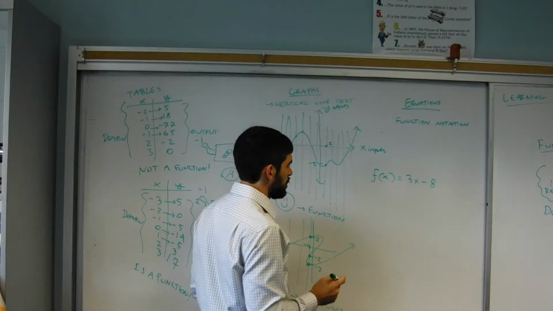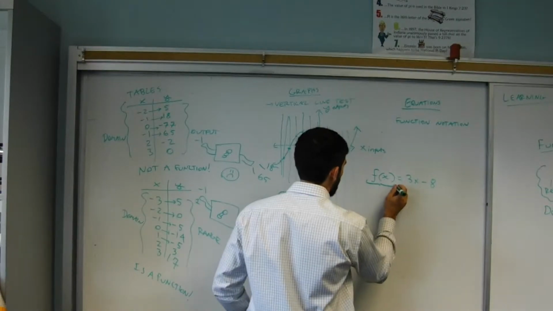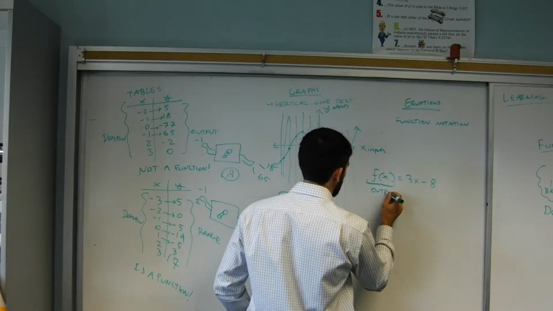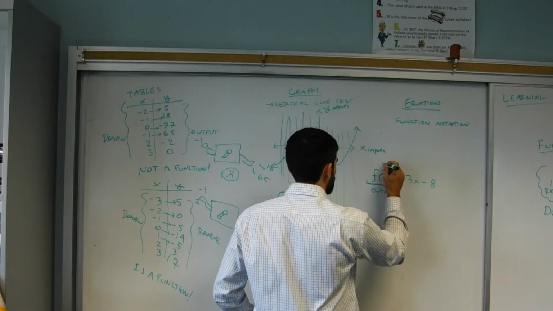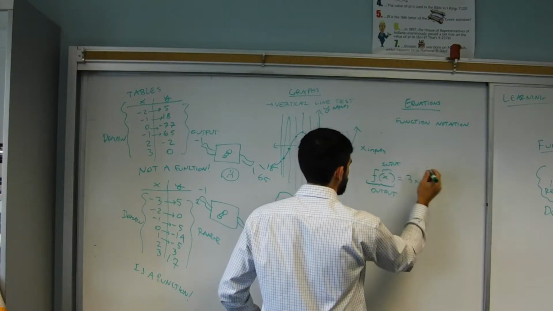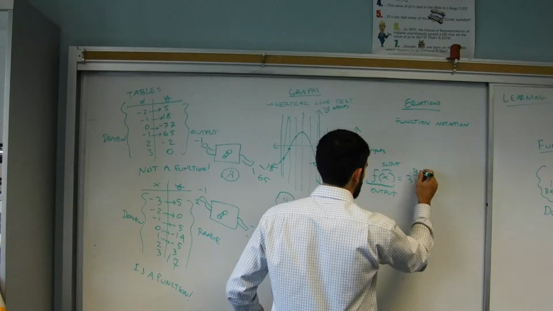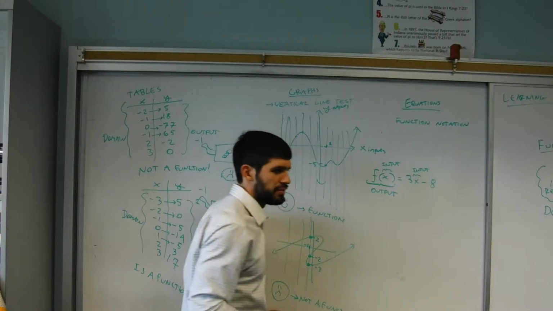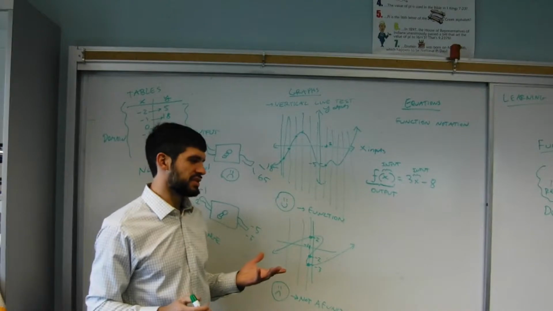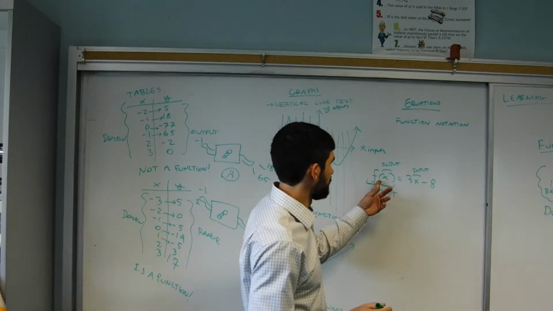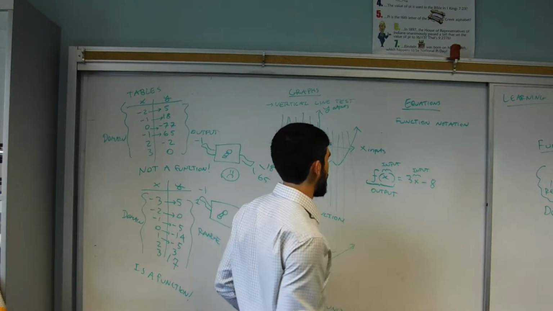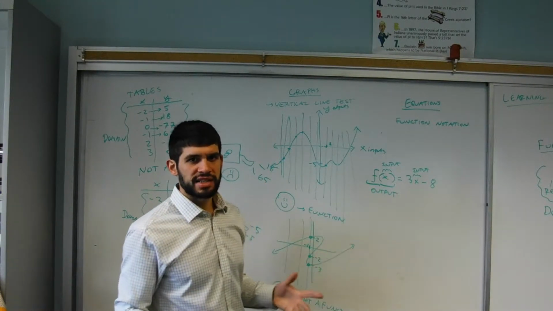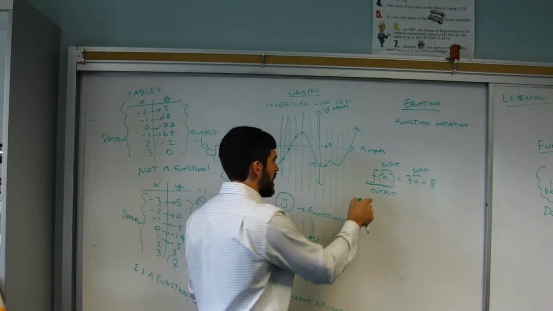So f of x itself is our output, and x is our input. A common mistake that people will make at first is they think that on the left side of the equation we have f being multiplied by x or something. But that's not how it works.